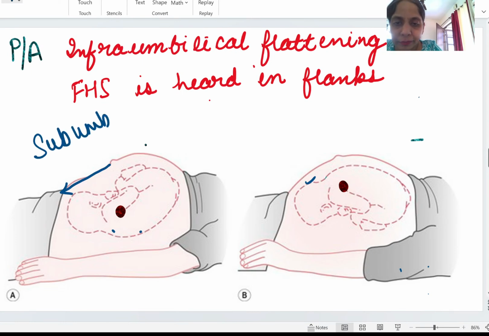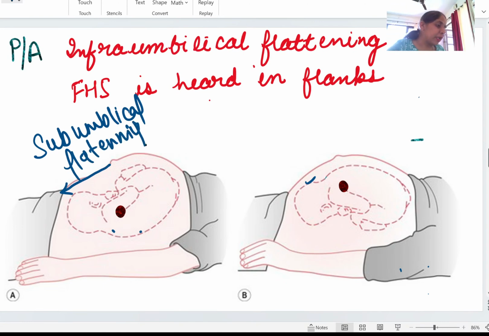Subumbilical flattening. Why is there subumbilical flattening?